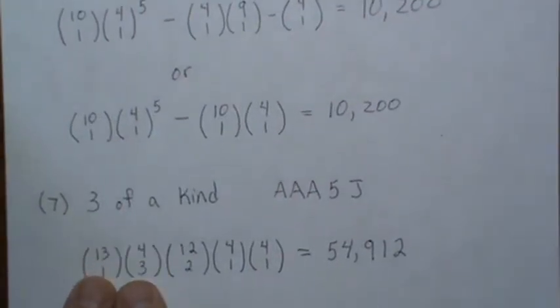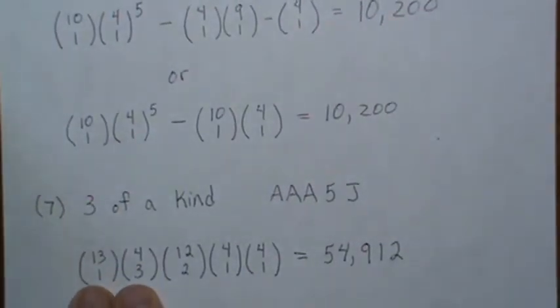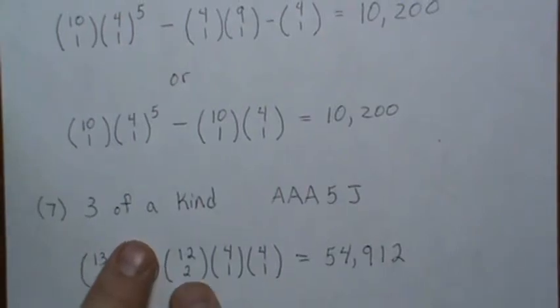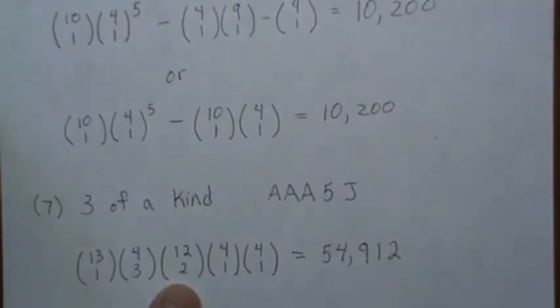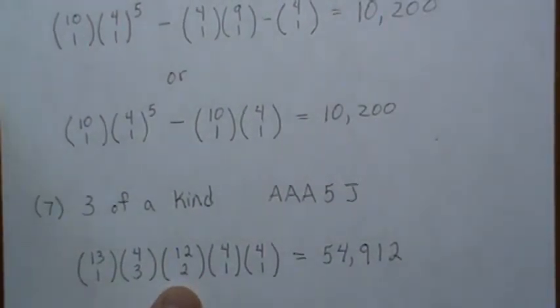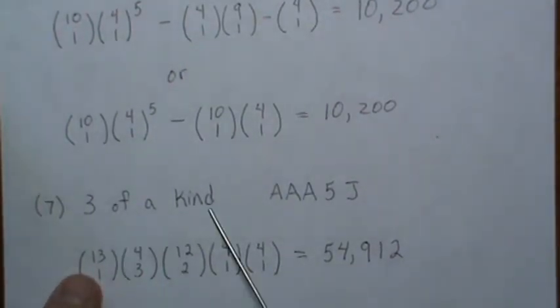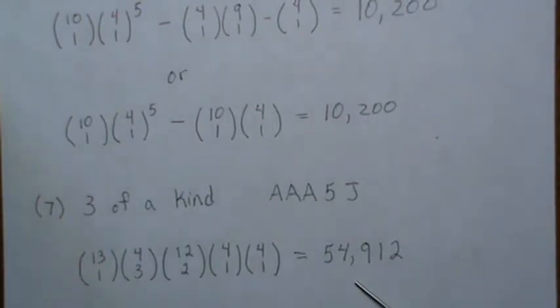So this is the number of ways to have 3 of a kind. Then here, we want 2. We randomly pick 2 more columns. That means 2 different numbers. But in the first column, we only want 1 of the 4, and in the second column, we want 1 of the 4.